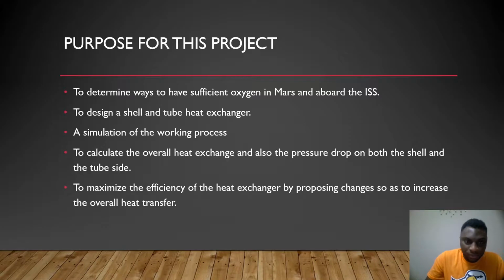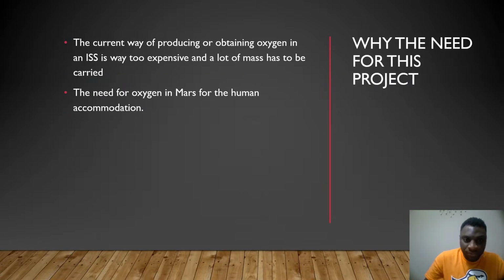So what's the purpose of this project? This project is to determine ways to have sufficient oxygen in mass, and we have to design a shell and tube heat exchanger. Also calculate the overall heat exchange, and the pressure drop on both the shell and the tube side.